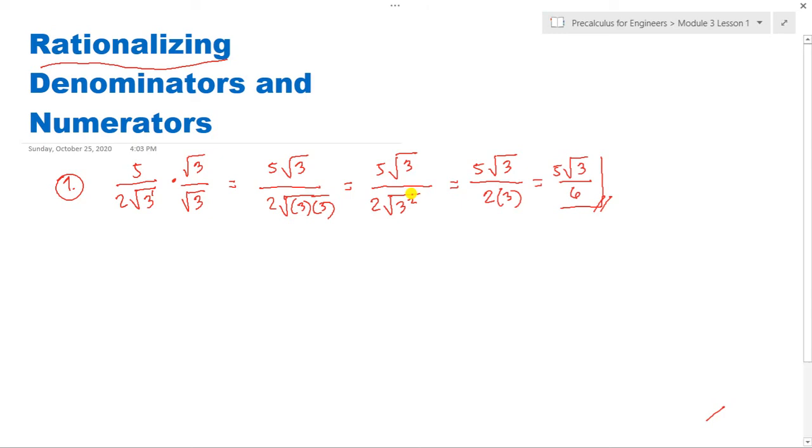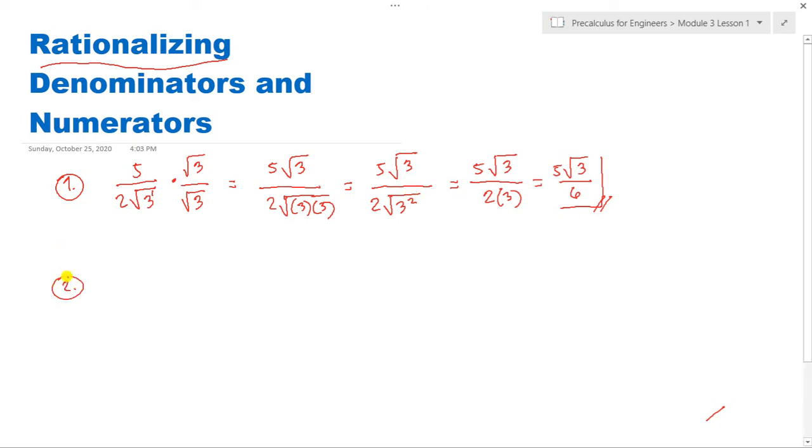But there are also some problems that require you to rationalize your numerator, meaning you should have no radical expression in the numerator. Normally, though, the problems we encounter require rationalizing the denominator, meaning you have no radical expressions or symbols in the denominator. So, just take note of that.